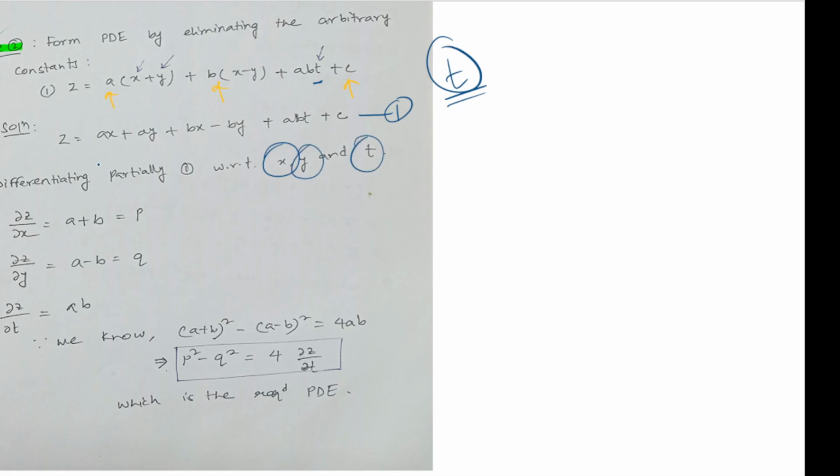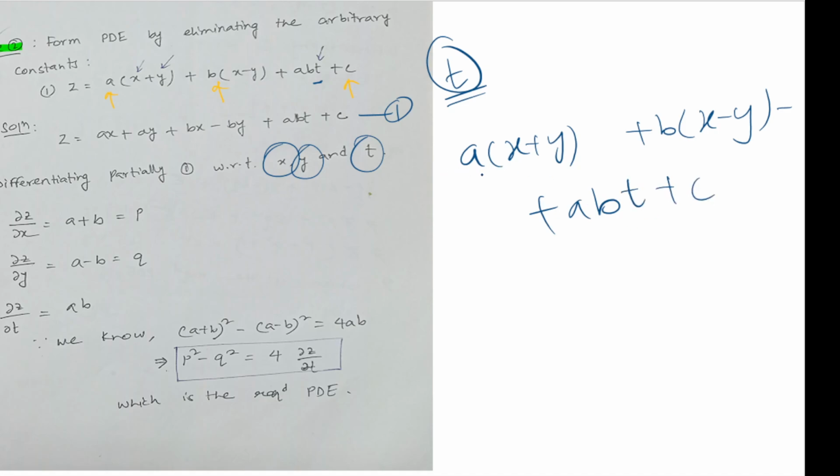Okay, so if I do that, when I am differentiating with respect to x, what I will get is a from here and b from here. So z equals a into x plus y plus b into x minus y plus ab t plus c.